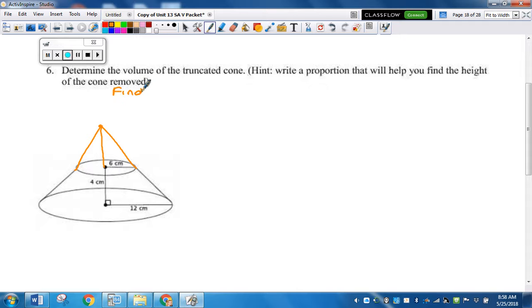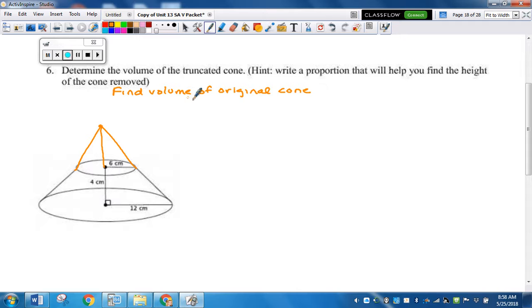Find volume of original cone. Because if I can find the volume of the original cone, and then I can find the volume of the cone that I took off, can't I subtract to get the volume of the truncated cone?